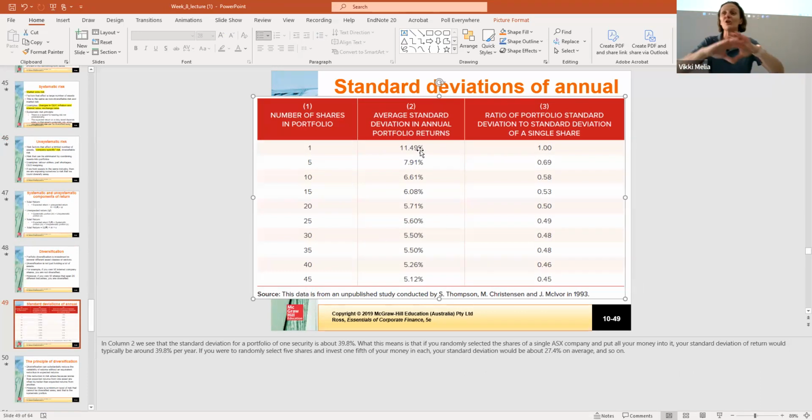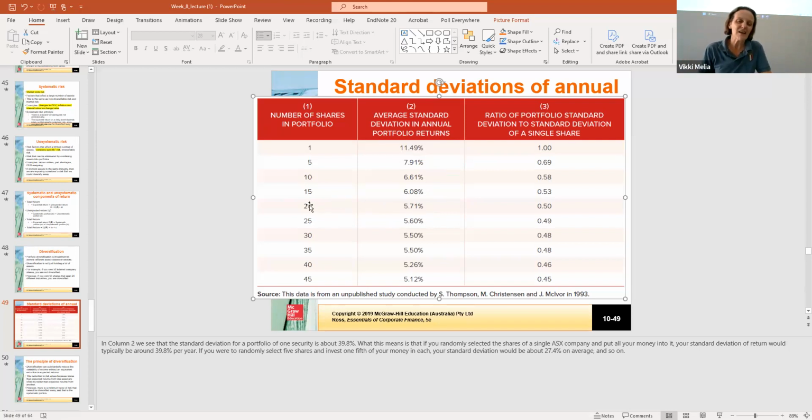So that's the measure of total risk, 11.49%. But if you increase that to, say, 20 shares in your portfolio, and I don't mean 20 shares in the same company, I mean shares in 20 different companies so that you're spreading the risk, you can actually reduce the standard deviation to 5.71%.